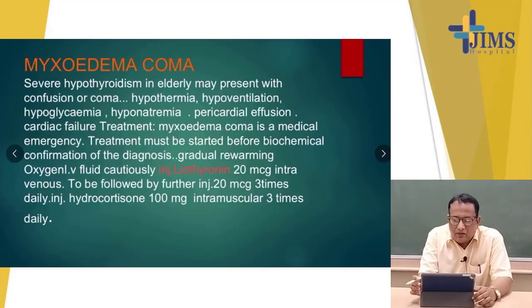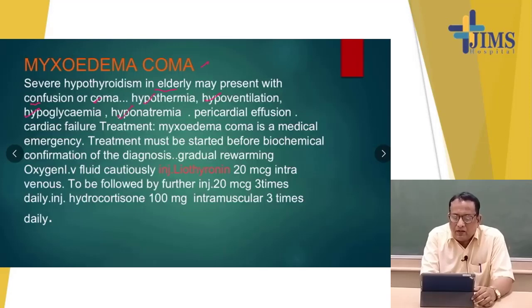Then another condition is very, very important, that is the severe hypothyroid state. It is called myxedema coma. Severe hypothyroidism in the elderly may present with confusion, coma, hypothermia and hypoventilation. There will be hypoglycemia and hyponatremia too.